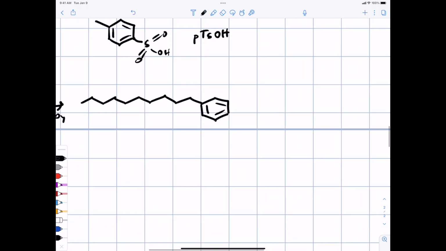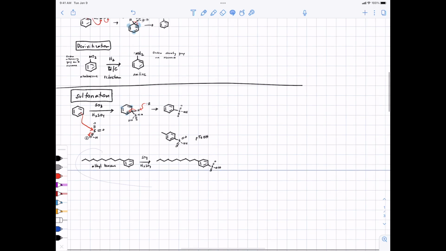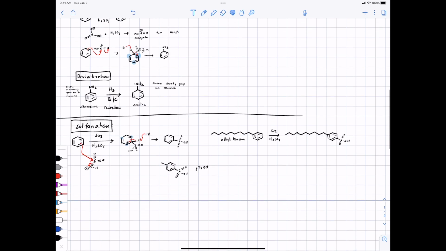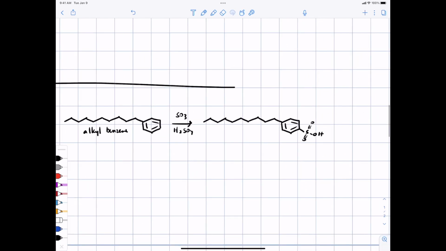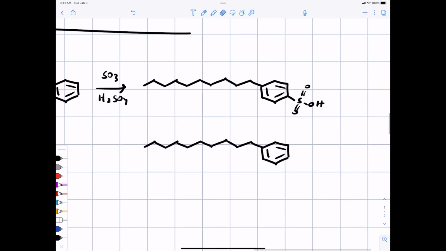The sulfonic acid group ends up either here or, sorry, running out of page space. Or on the ortho carbon. Sorry, starting talking about stuff that I haven't explained yet.